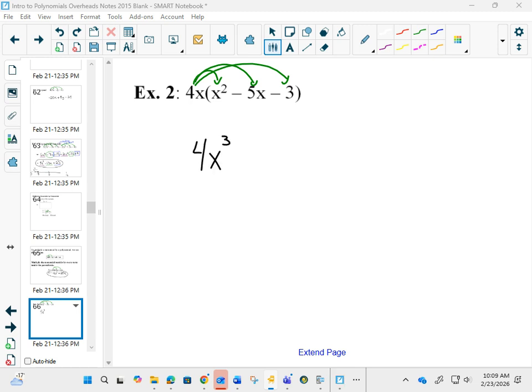You would get a half a mark for that one. 4x times minus 5x is negative 20x squared. Half a mark for that one. And 4x times negative 3 is negative 12x. So you get a half a mark for each part. And if you did the arrows or showed that you knew that you were doing the arrows, you'd get that half a mark.